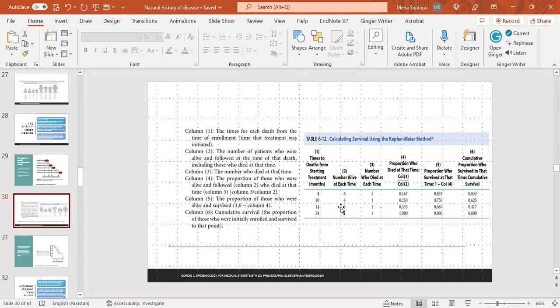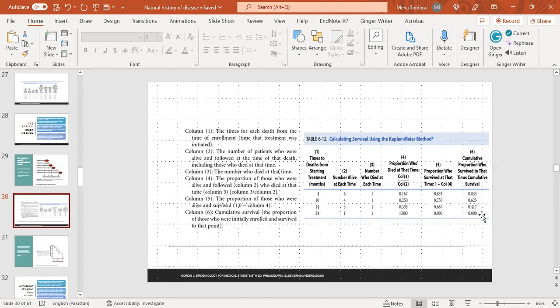Column number 2 shows the number of patients who were alive and followed at the time of that death. Like there were 6 who were alive, like at 4 months. And then the number who died at each time, it was 1, and proportion who died at that time is 1/6, that is 0.167, and proportion who survived at that time is 1 minus 0.167, that is 0.83, and cumulative proportion who survived to that time, that is cumulative survival, is 0.83.